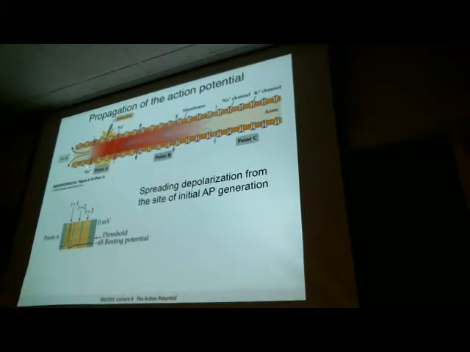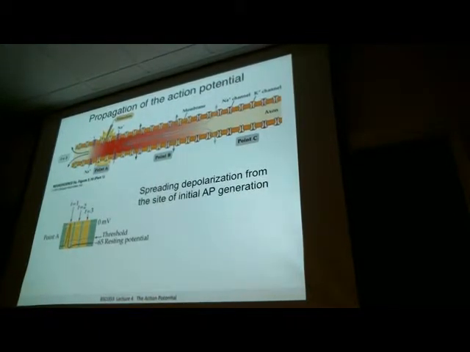Okay, so let's look at what's happening. We stimulate here. Here we have our axon, and we've inserted these channels to look at what's going on. We have sodium channels, and we also have potassium channels for good measure. Let's look at the sodium channels first. We stimulate, sodium channels open, you get an influx of sodium, a depolarization, and that causes this signal to propagate down the axon. Initially, at time 1, at point A, we have an action potential.